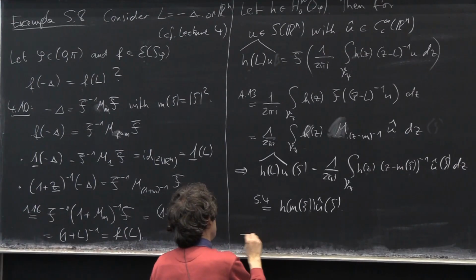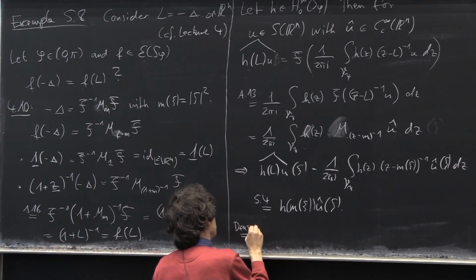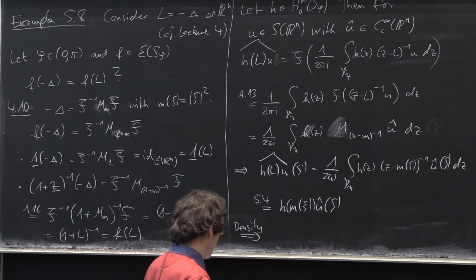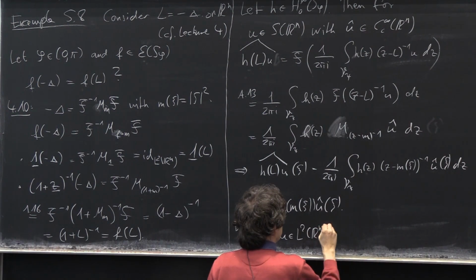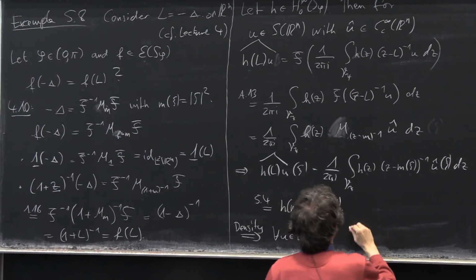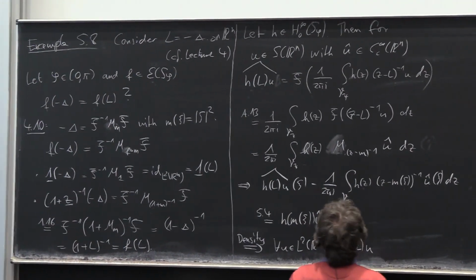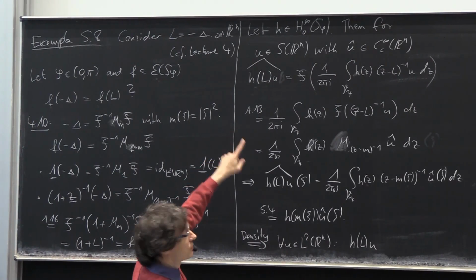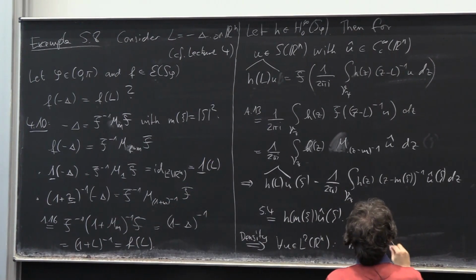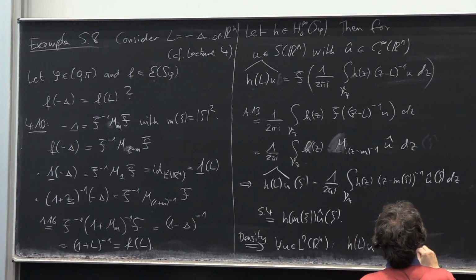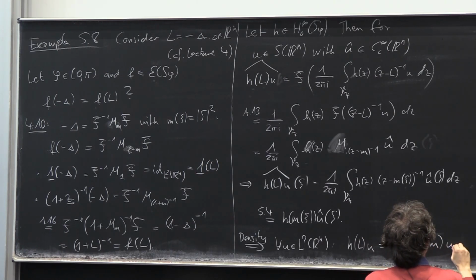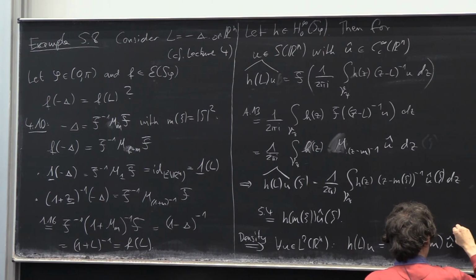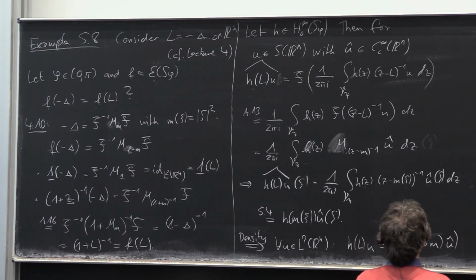So and now use that the Schwartz space and C_c infinity are dense in L2. So in the end you get for all L2 functions u that h of L u, so I take an inverse Fourier transform, is the inverse Fourier transform of h of m times u hat, the Fourier transform.